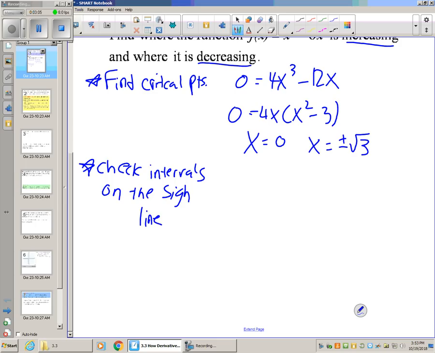Make your little number line. Put your critical points on the number line. So we have negative square root of 3, 0, and positive square root of 3. That's when it's neither decreasing nor increasing. So let's check the intervals to the left and right of those.